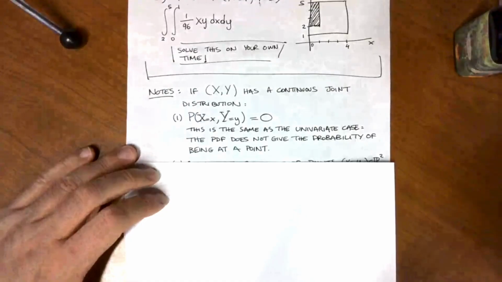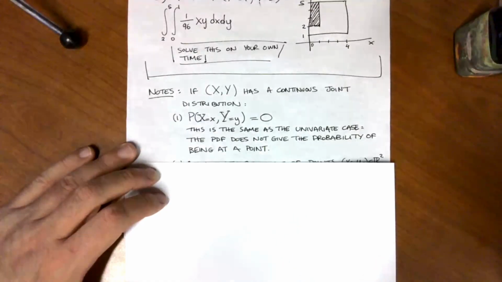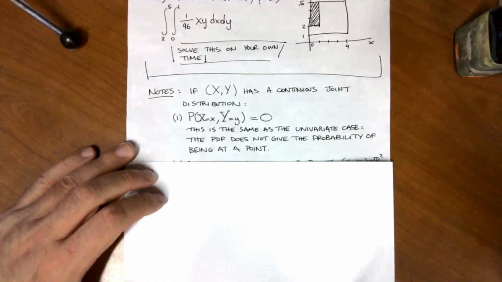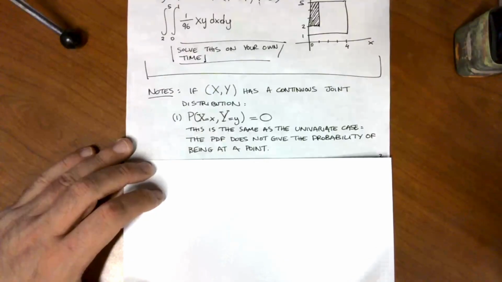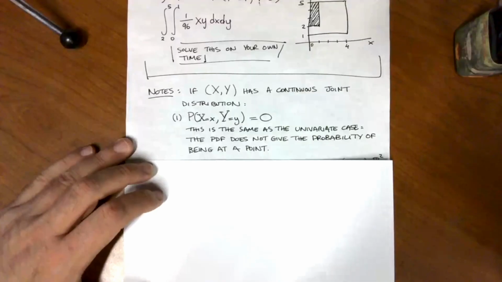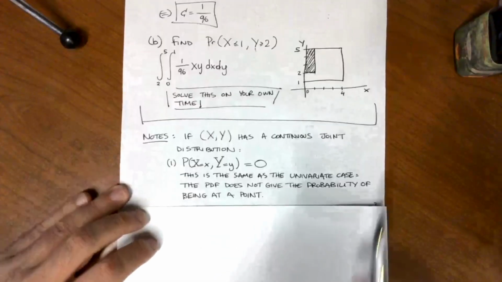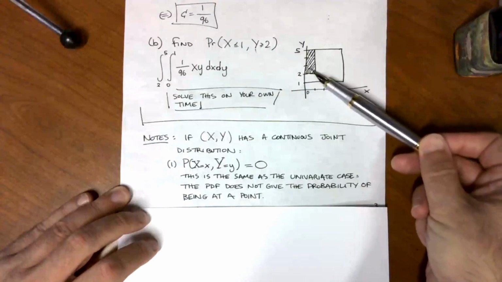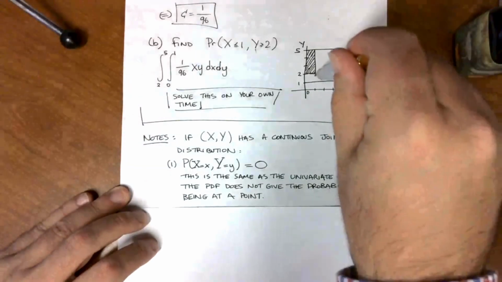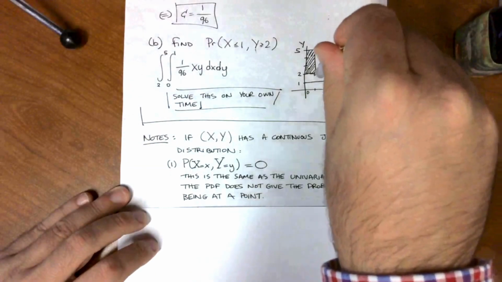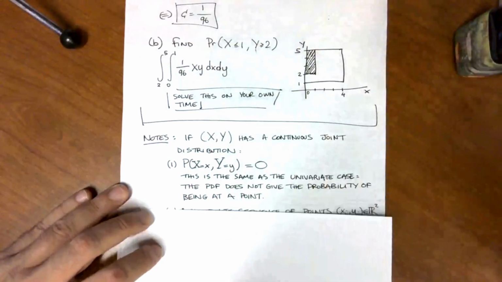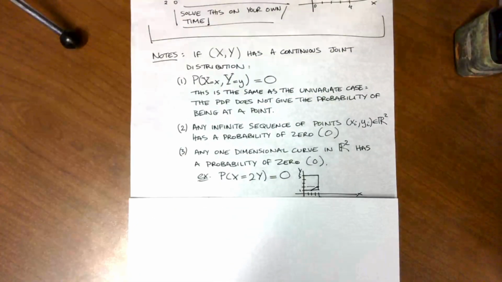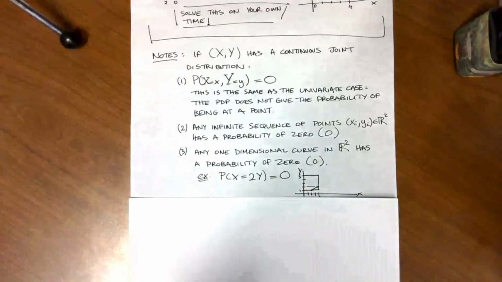The PDF does not provide you with probability information for being at a specific point. Rather, you can think about this probability as being minuscule, so you need to define it in terms of intervals, in the same way that we're defining a probability for a particular interval here, rather than a specific point, let's say the 1, 2 point over here. Similarly, you cannot establish a probability for a line within this space.